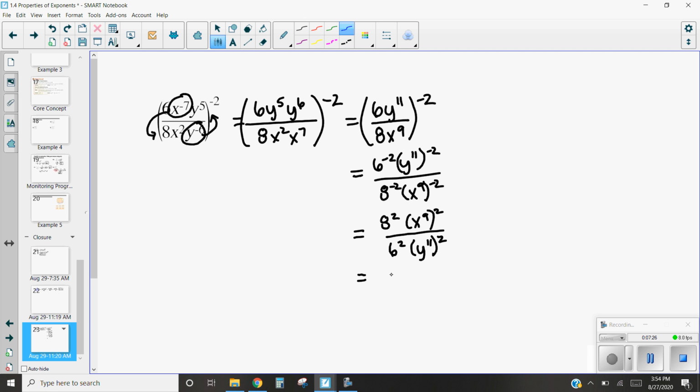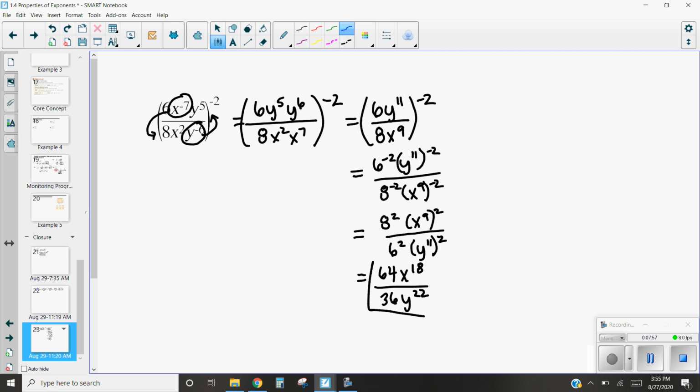So we've got a 64 x to the 9th squared. We're going to use that power of a power, so we're going to multiply those, so we actually get x to the 18th over 6 squared is 36, and y to the 11th squared is going to be y to the 11th times 2, which is going to end up giving us y to the 22nd.